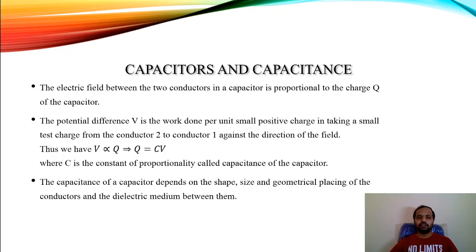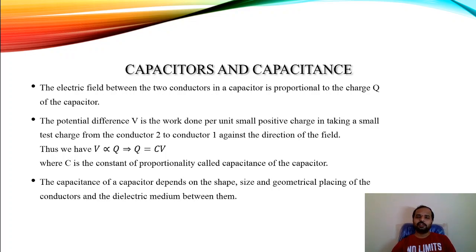And we can also think about the configuration like we can have concentric cylinders with the same axis as the center. So such kind of configuration all will give us the capacitor, but the capacitance of these capacitors will be totally different. That is, they will be depending on the shape of the capacitors.